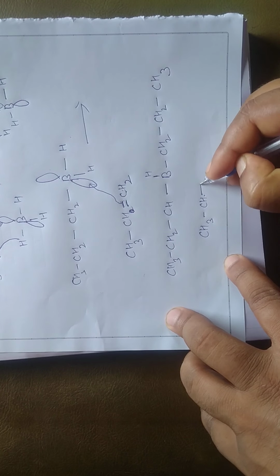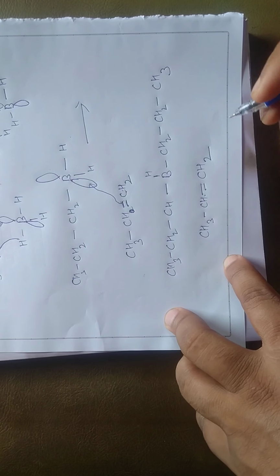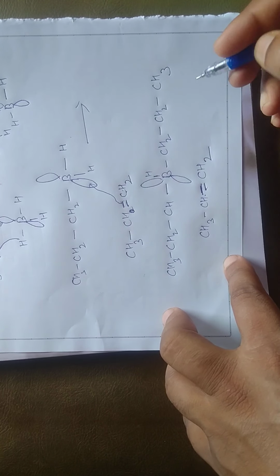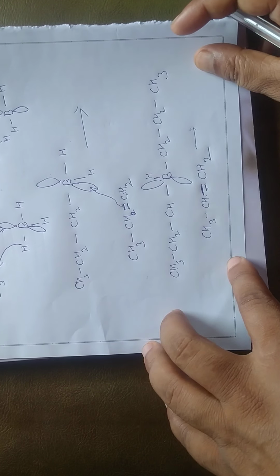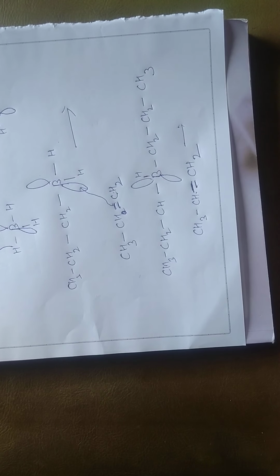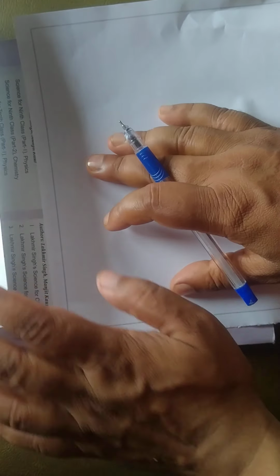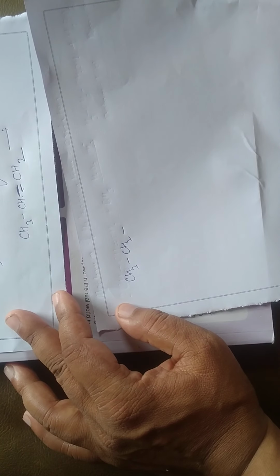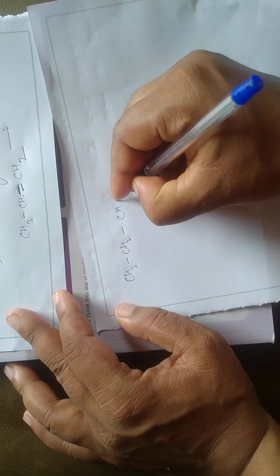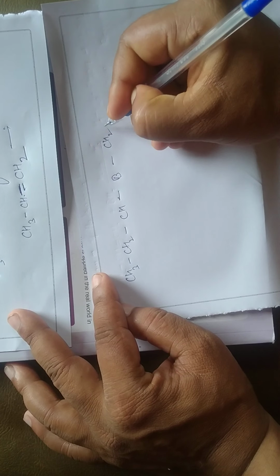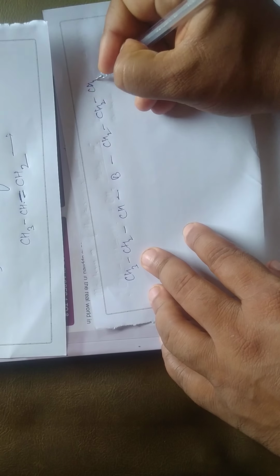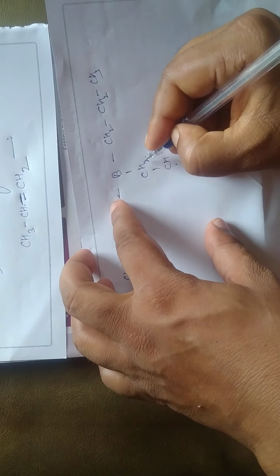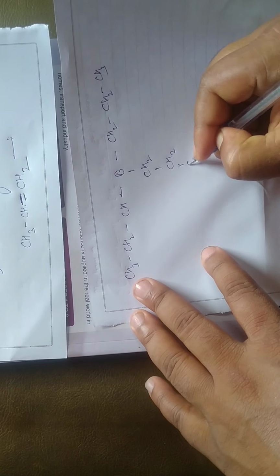Now again you can see here that boron has one hydrogen, and it will react with another molecule of alkene to form CH2. These electrons again shift to the vacant orbital of boron, and ultimately the molecule formed is CH3, CH2, CH, and this boron with CH2, CH2, CH3, and again CH2, CH2, CH3.